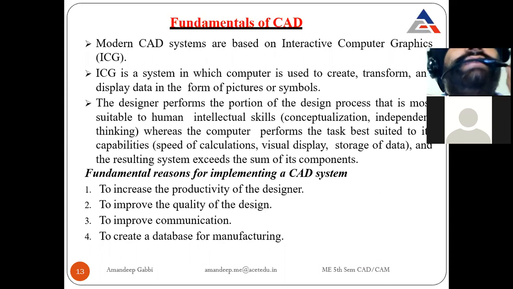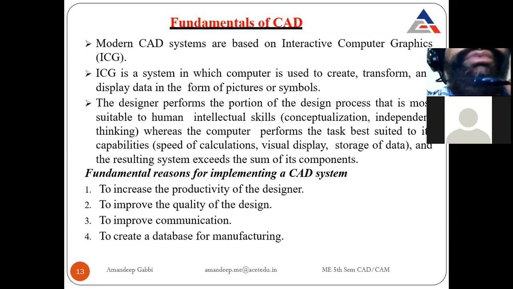तो ICG क्या है, इंटरेक्टिव कंप्यूटर ग्राफिक्स क्या है, जिसके अंदर हम कोई चीज़ बना सकते हैं, क्रिएट कर सकते हैं, ट्रांसफॉर्म कर सकते हैं। हमने स्क्वेयर बनाया 5x5 का, देन वी ट्रांसफॉर्म इनटू 10x10 just by given dimension. That square can be transformed from 5 length and 5 breadth to 10 length and 10 breadth, and so on, and that can be displayed in the screen also.